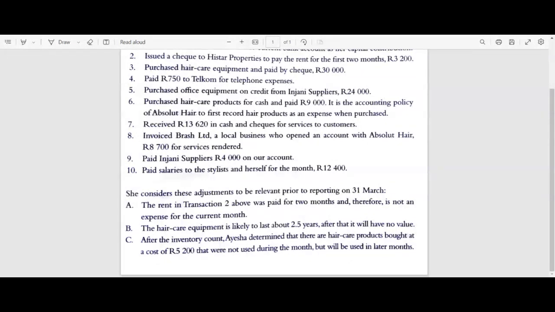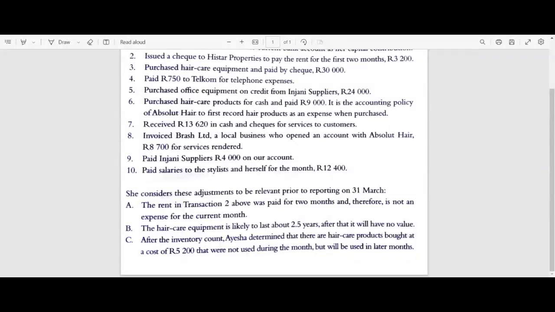So that means we still have a debit balance on the hair care products expense of 9,000, but the actual expense is only 3,800. So now to reduce that expense to 3,800, right? I'm just going to repeat that.